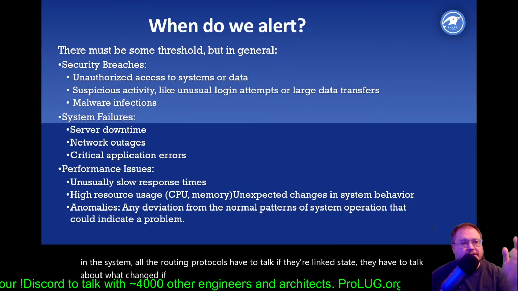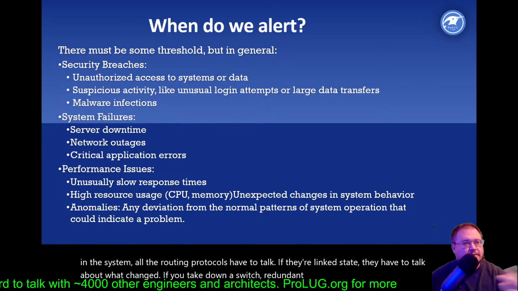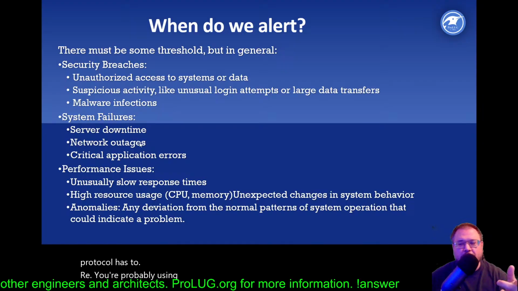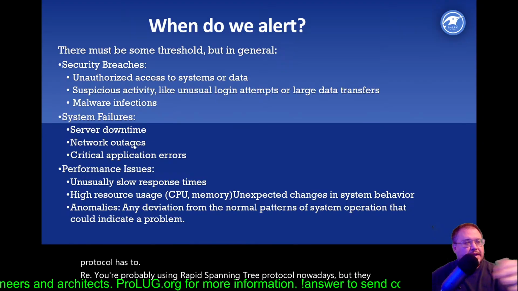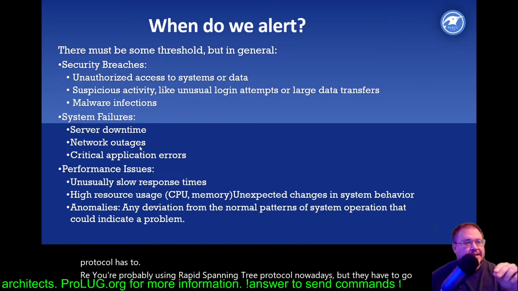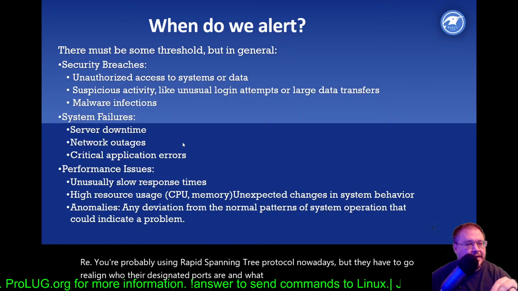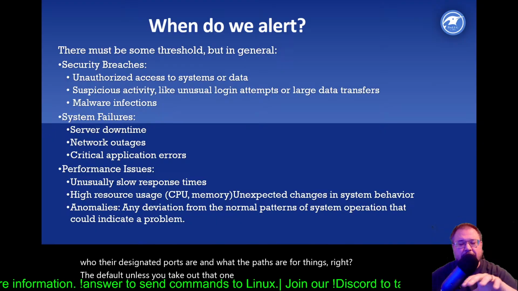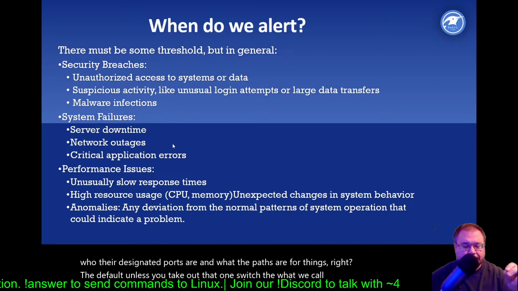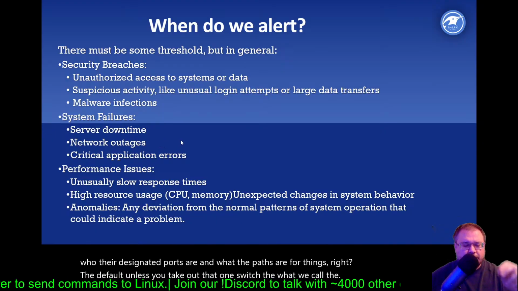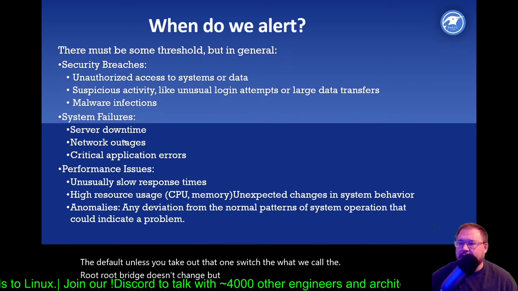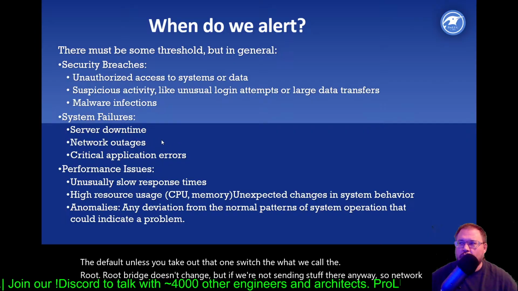If you take down a switch redundant link, then the spanning tree protocol, you're probably using rapid spanning tree protocol nowadays, has to align who their designated ports are and what the paths are for things, right? Unless you take out that one switch, the root bridge doesn't change. Anyway, so network outages affect what we might want to alert on.